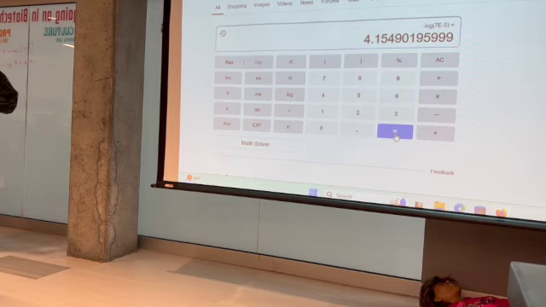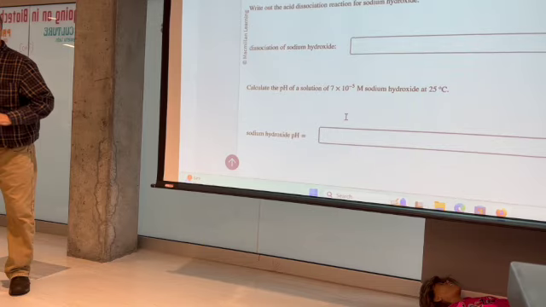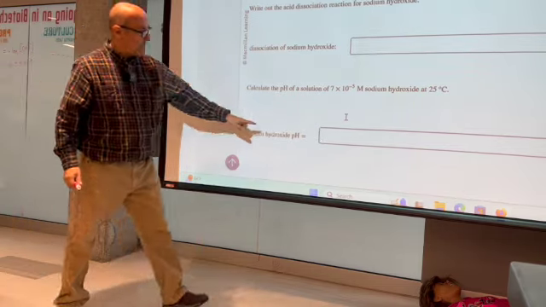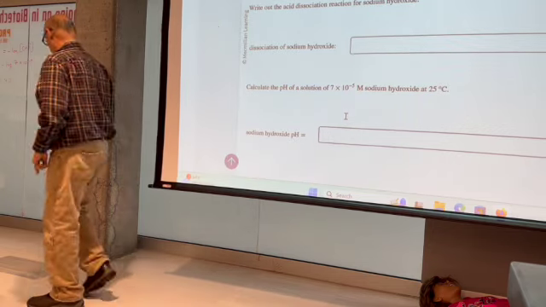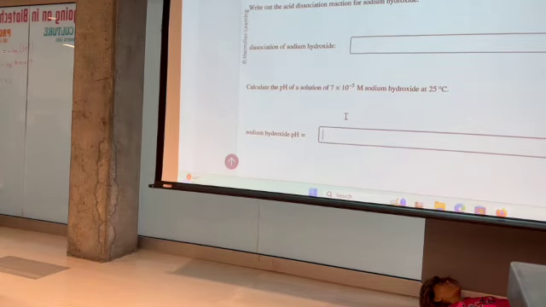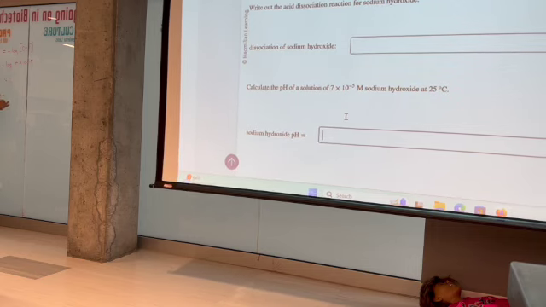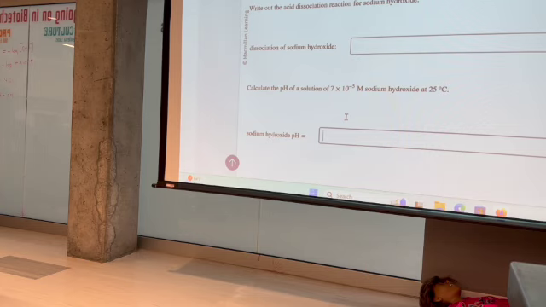Now, I cannot go back here and put that answer because they're asking for the pH, not the pOH. So I need to fix it. And I need to remember that pOH equals 14 minus the pH. That's one of the very first equations that we had before.